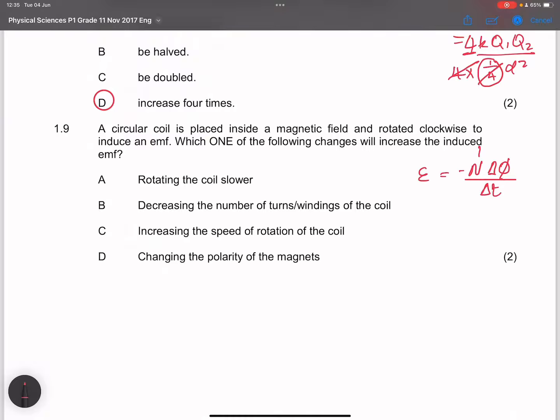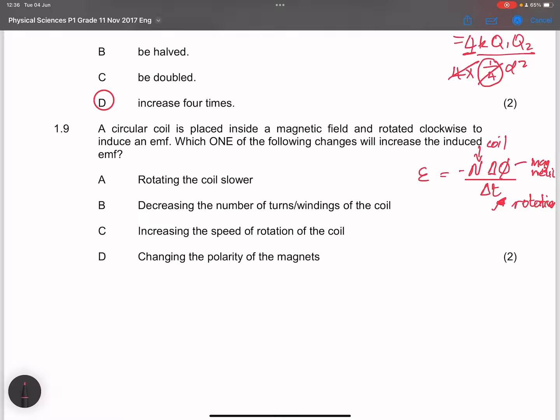Now, remember, the only things that increase EMF would be increasing the number of coil turnings, increasing the magnetic field, either using a stronger magnet, and in this case it would be the rotation, the number of rotations. So if I look at those 3 things, those are what increases the EMF, as per Faraday's law.